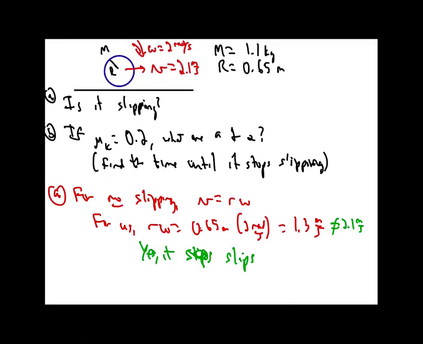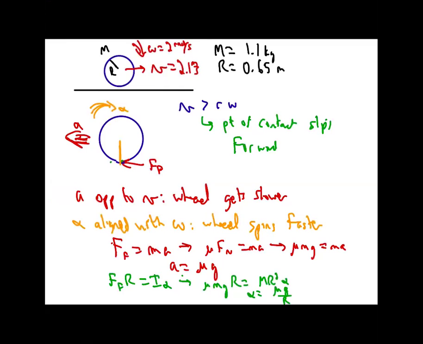So to summarize these things, there are two possible cases. If the velocity is greater than r omega, then it's moving too quickly for the wheel. So friction will slow the wheel, but increase its spin.